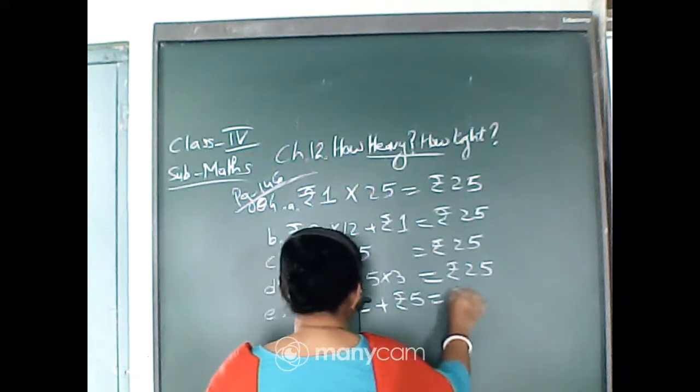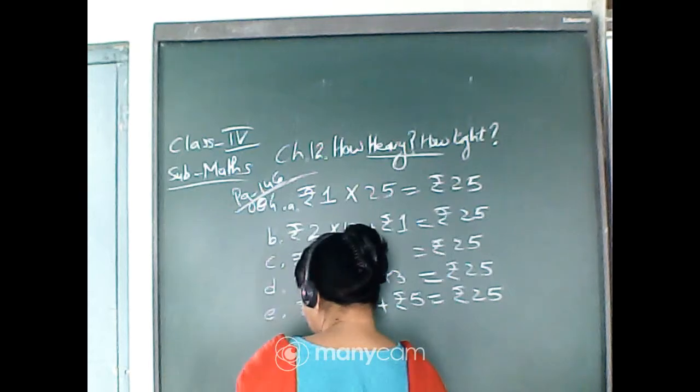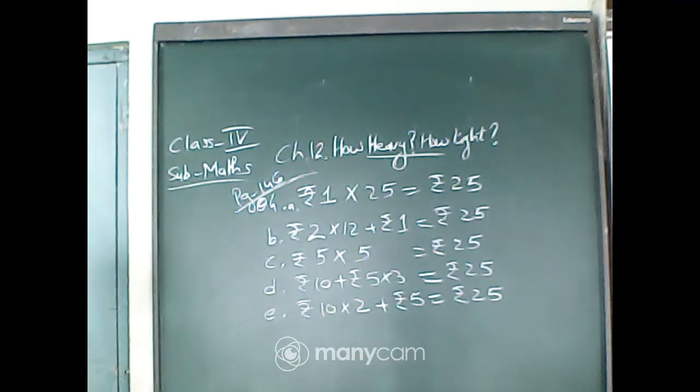This is also rupees 25, isn't it? So this way he can make different combinations of stamps for rupees 25.